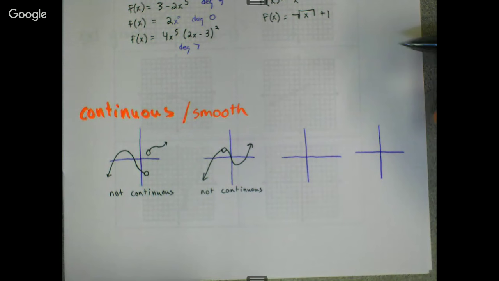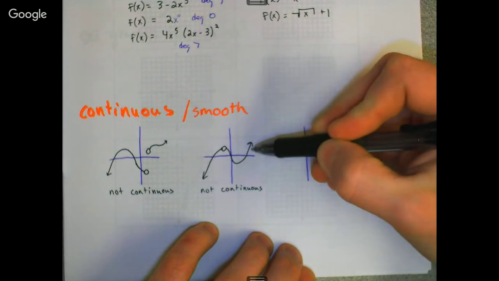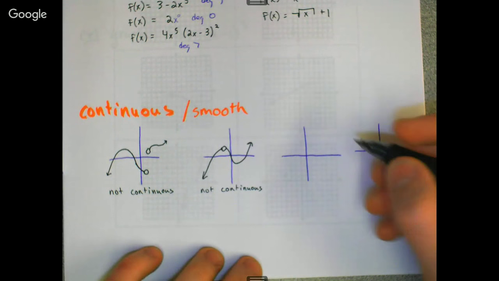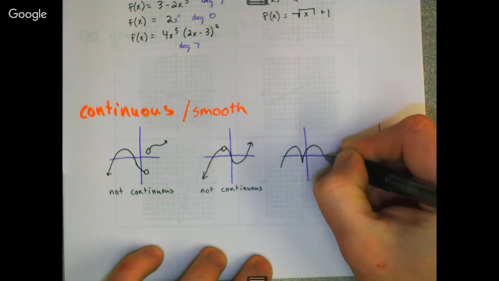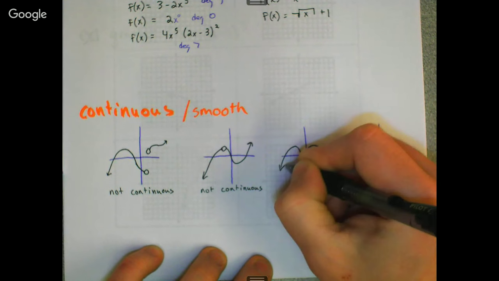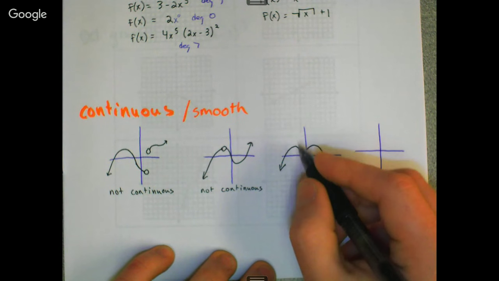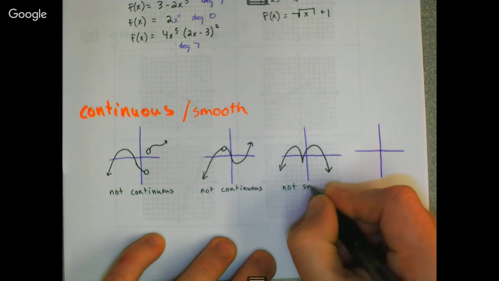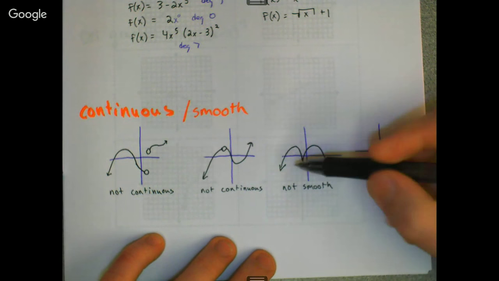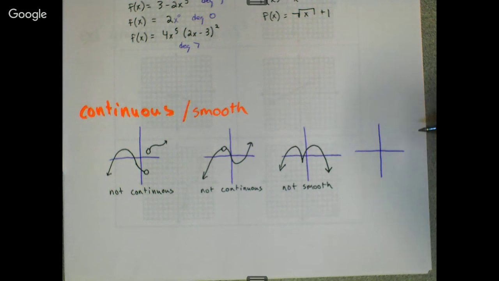Now, smoothness is measuring the smoothness of a curve. So if I do something like this, let's just draw the McDonald's sign there. Because this is a sharp bend, we call this maybe a corner. It makes a sharp turnaround. It is not smooth, but it is continuous because I'd never pick up my pen drawing this.